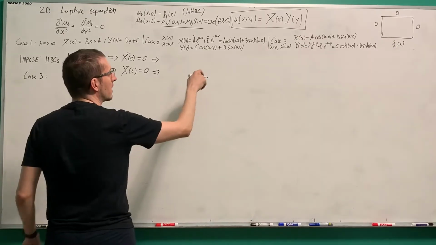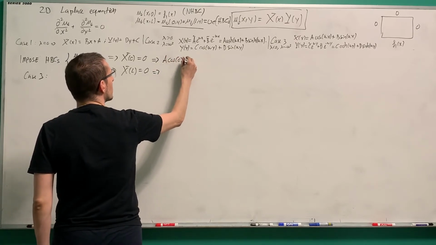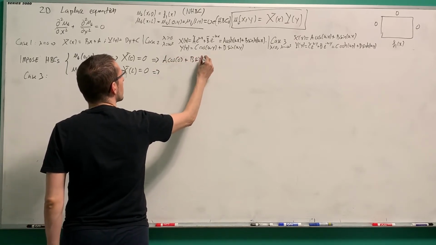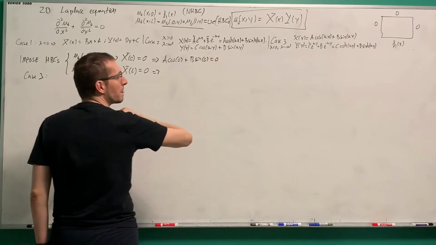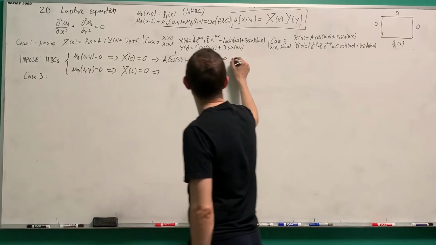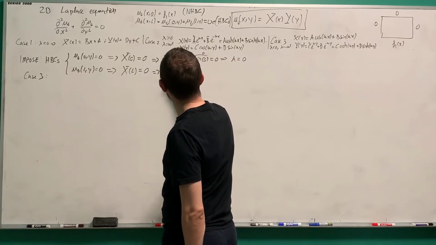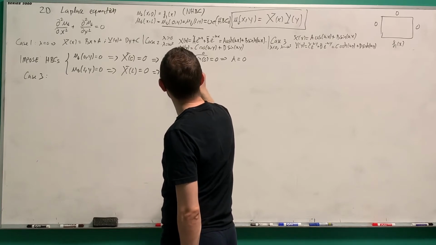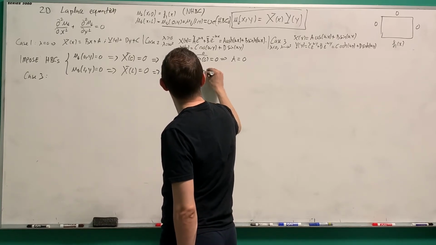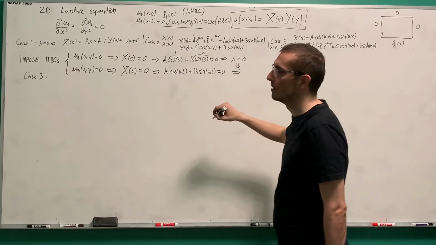Let's see it. On case 3, we get a cosine of 0 plus b sine of 0 equals 0. Wonderful. This is 1, this is 0, so this is telling me that a is equal to 0. And the second one tells me that a cosine of omega L plus b sine of omega L equals 0. But I know that a is equal to 0.